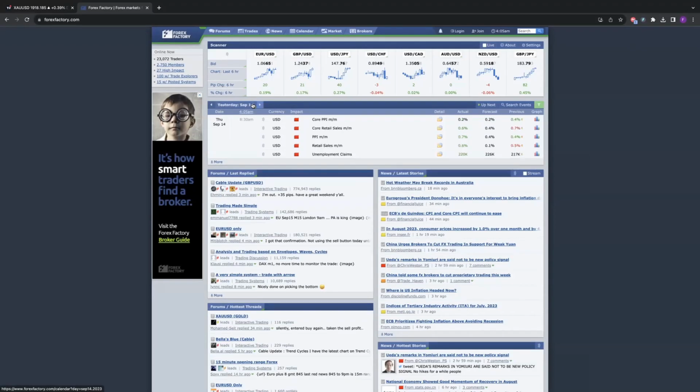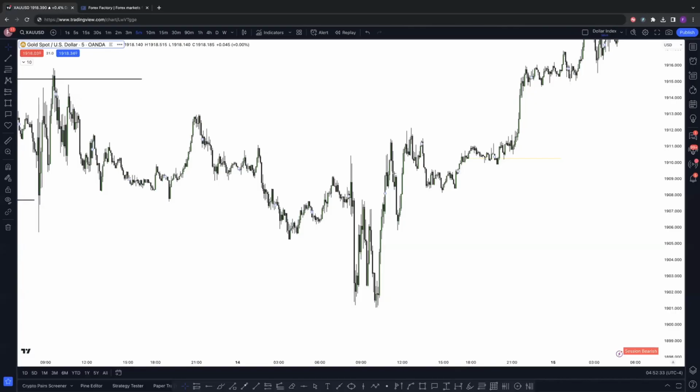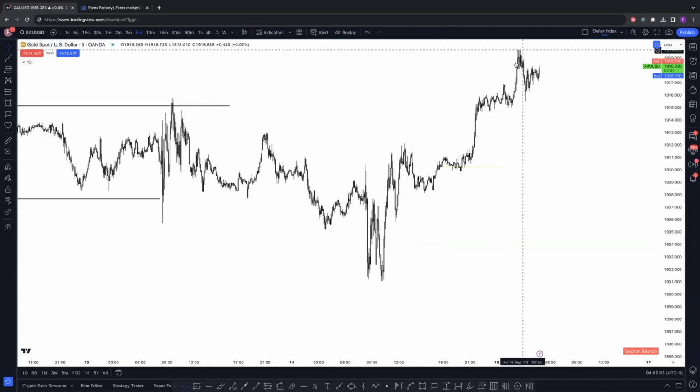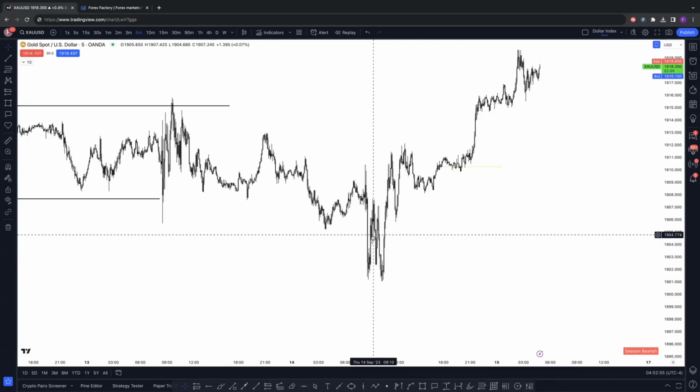Thursday, what do we have? We had USD core PPI, core retail sales, PPI, retail sales, unemployment claims. Everything over here gave us a bullish reading. So dollar bullish, but we are seeing gold go up. Let's take it from Thursday, 14th of September.